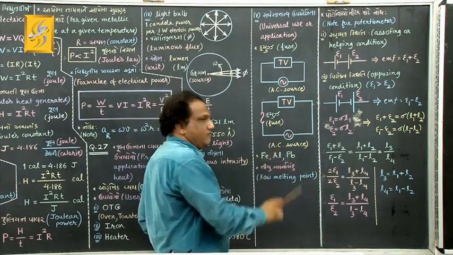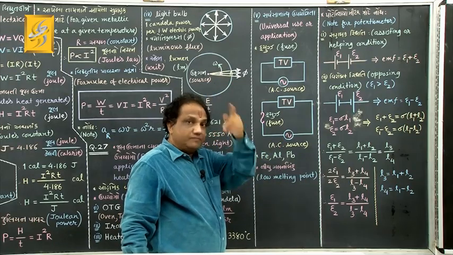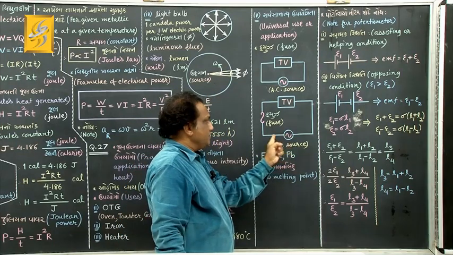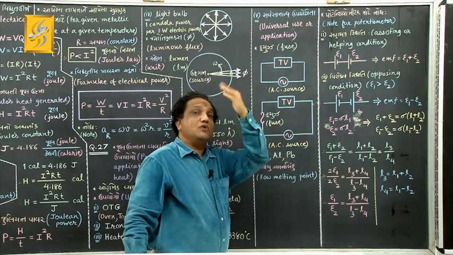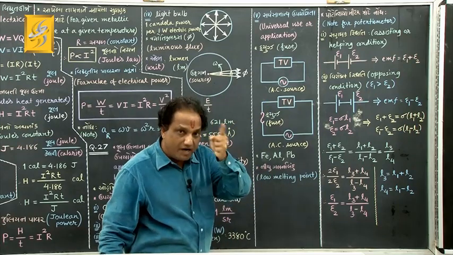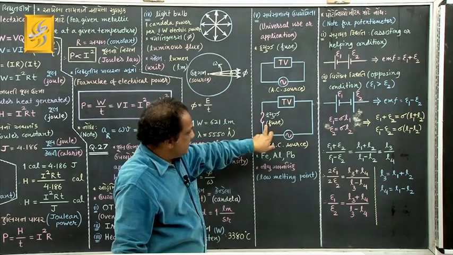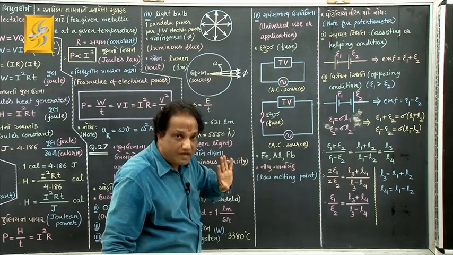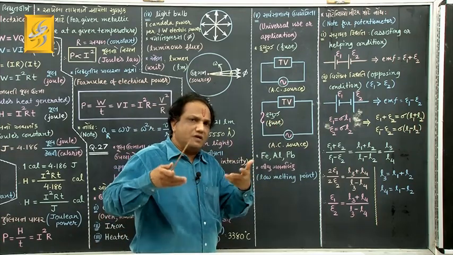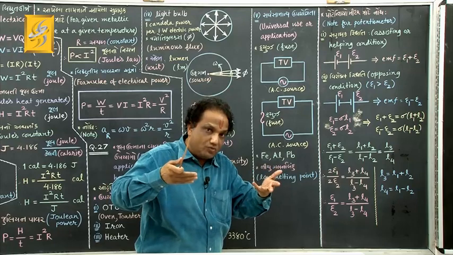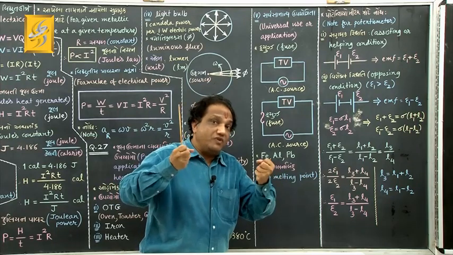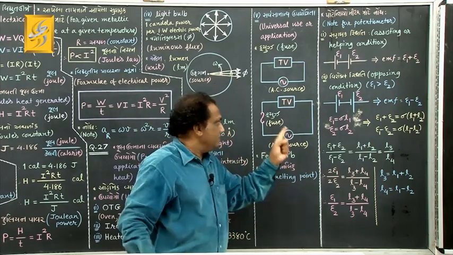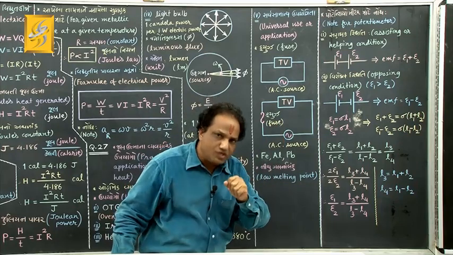When the voltage level increases beyond a certain level, then the current passing through this TV set will increase beyond its tolerable limit. But at that time, that excess current will be passing through the fuse wire, and as soon as excess current is passing through the fuse wire, a lot of heat energy will be produced in this fuse wire, which we call Joule's heat.